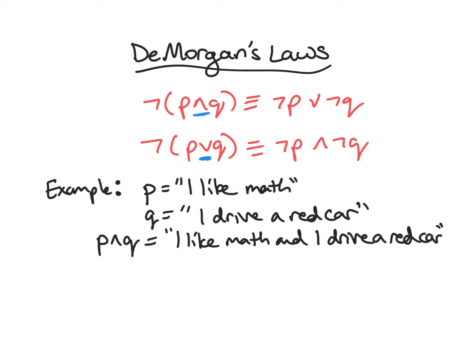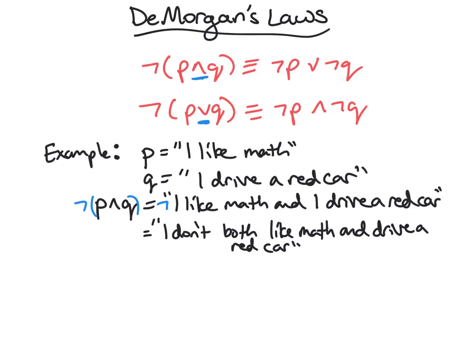So if we slap a negation on both sides, what is this going to turn into? The real world statement here would be, it's not true that I both like math and drive a red car, right? And so what makes this true? If you don't do both things, that means at least one of them has to be false.